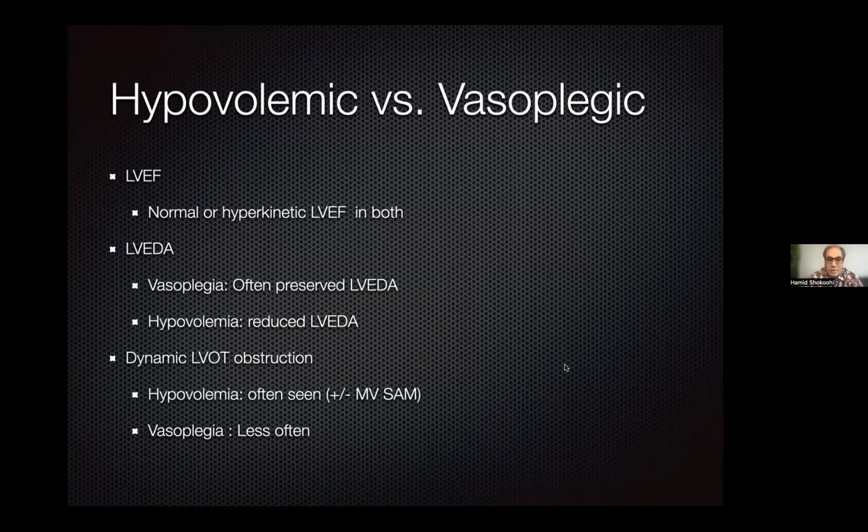So for these cases, LV ejection fraction is normal or hyperkinetic in both of them. As we discussed earlier, the LV is hyperdynamic or normal. And when you look at the LV end diastolic diameter or area, for vasoplegic cases most of the time the LV end diastolic area stays the same.